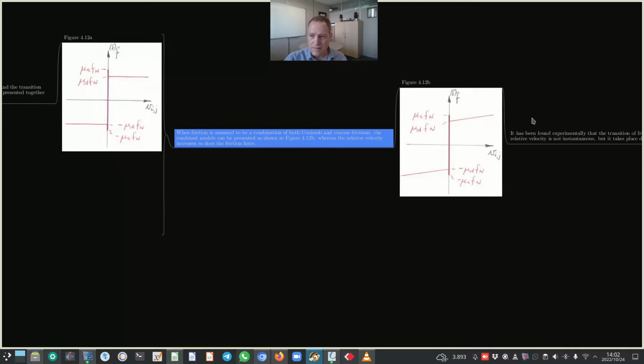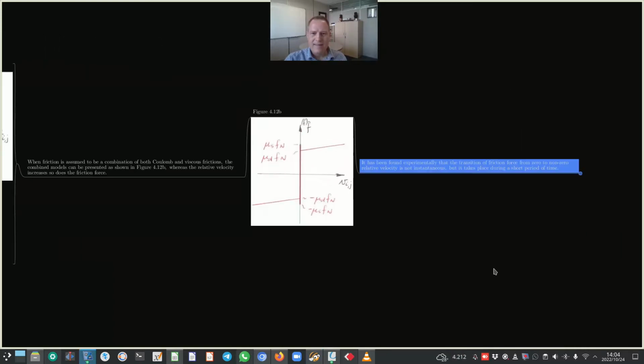Okay, so it has been found experimentally that the transition of friction force from zero to non-zero relative velocity is not instantaneous, but it takes place during a short period of time.